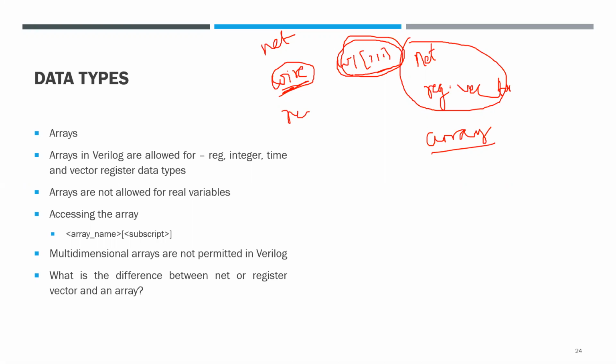So even we had declared some register 3 is to 0. So there is some difference with respect to this if I have to specify it as an array. Here one thing to note down is net or register vectors basically is a single element.